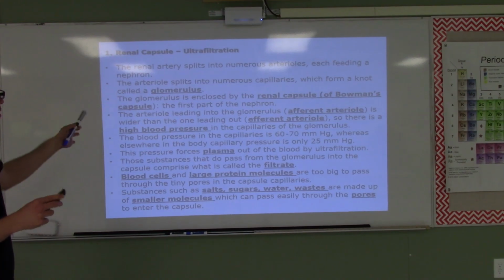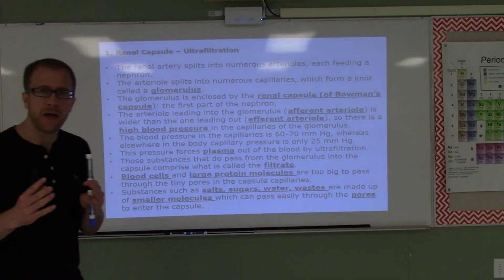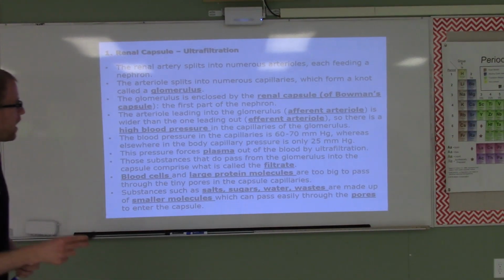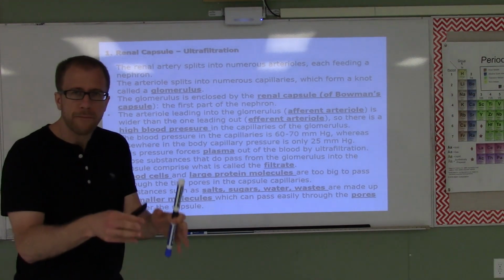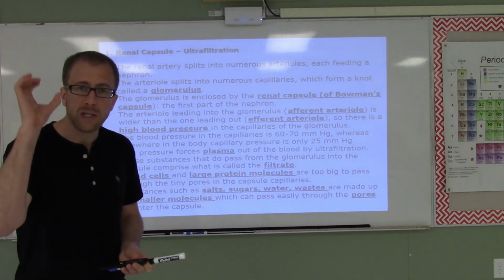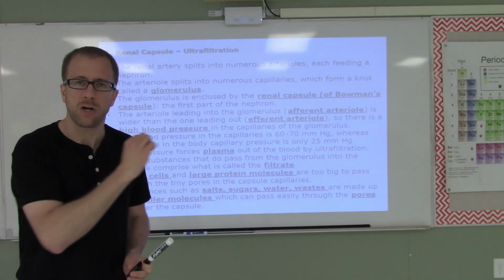Well, this knot of capillaries called the glomerulus is fed blood by what we're going to call the afferent arteriole. And that blood vessel, the afferent arteriole, is actually bigger than the one leaving the glomerulus, the efferent arteriole.